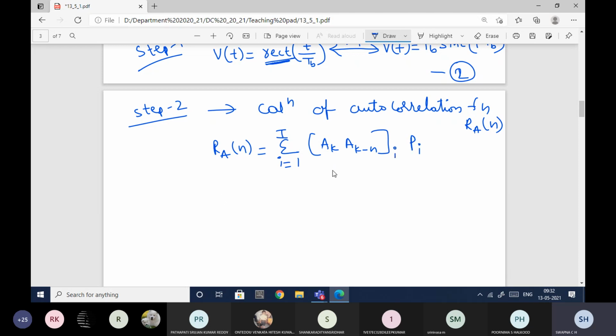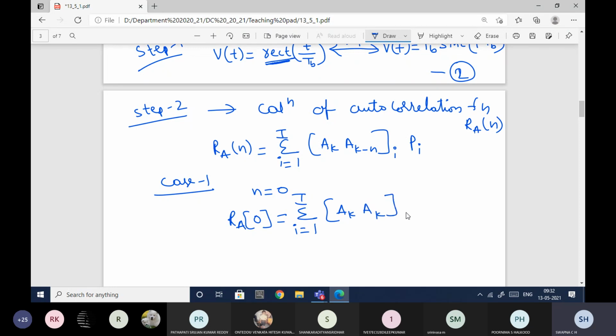So here I will take case 1, when n is equal to 0. When n is equal to 0, RA of n will be equal to RA of 0. Wherever I have n, I need to replace it with 0. So it will become the sum over i equal to 1 to I of AK into AK times pi, right?